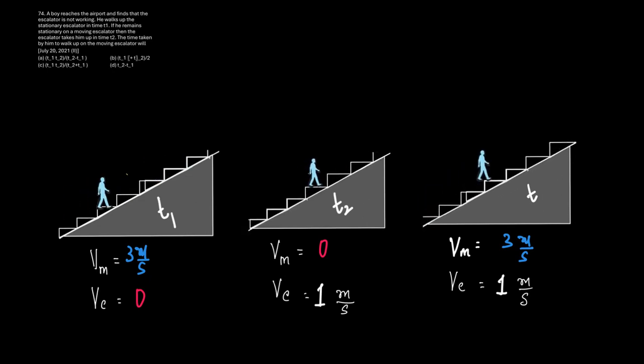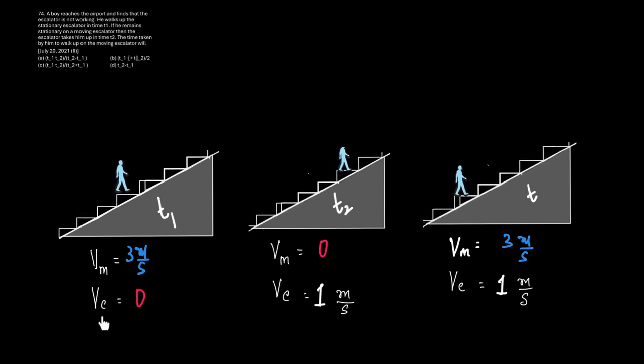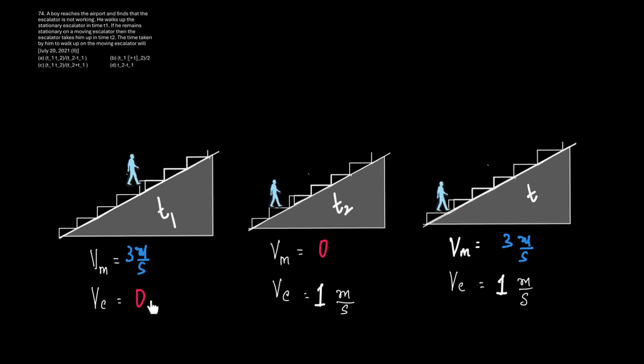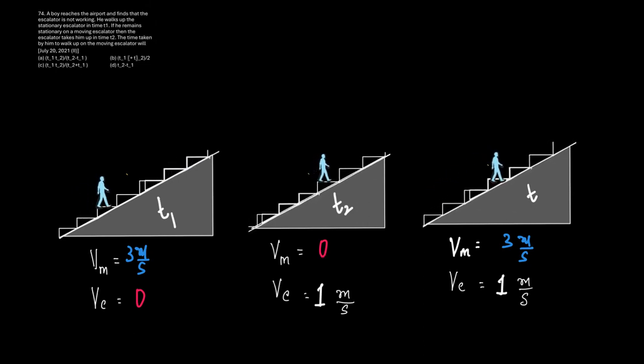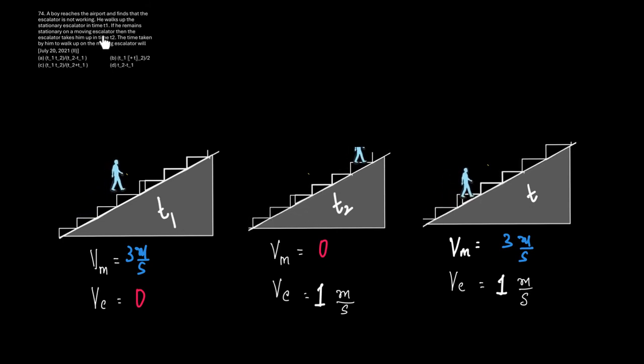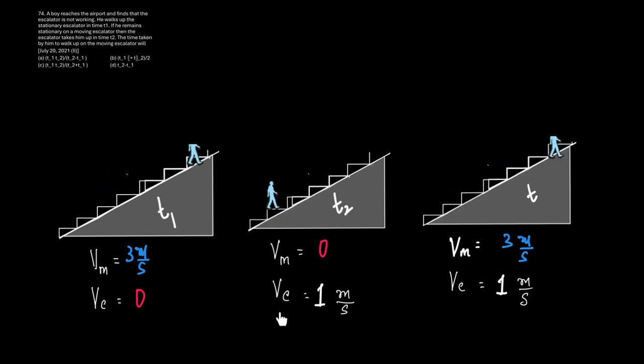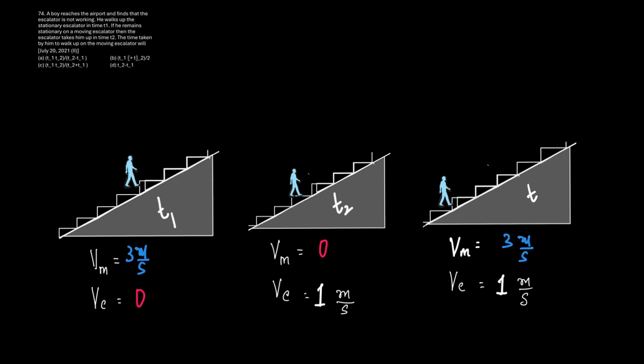Now, man is walking, escalator is stationary, which means velocity of man is equal to 3 meters per second and velocity of escalator is equal to 0. Likewise, velocity of man is 0 when he remains stationary on the moving escalator, but the escalator is moving and the velocity is 1 meter per second.